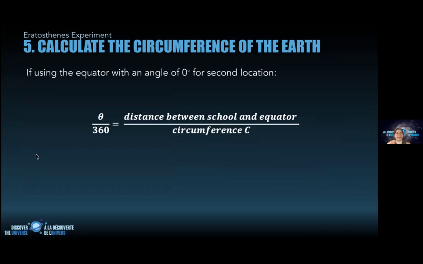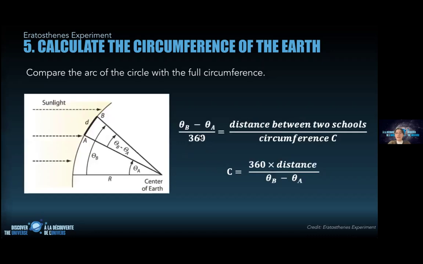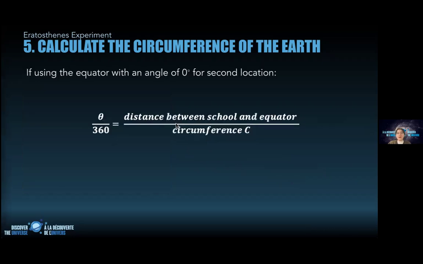If again you're taking your imaginary school from the equator as your second location, they would have an angle of 0 degrees. So instead of doing the difference, the angle from one school minus the angle from another school, the angle from the other school would just end up being 0.